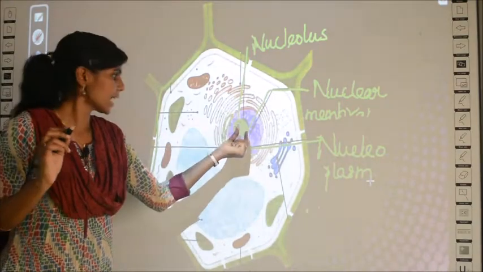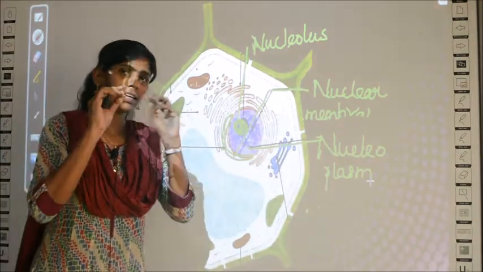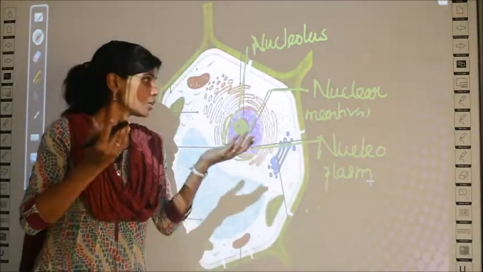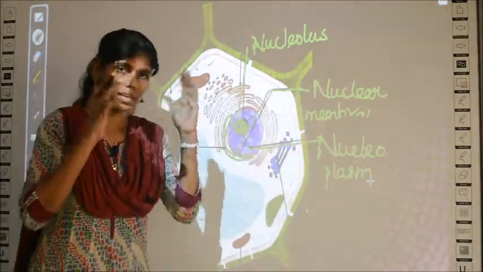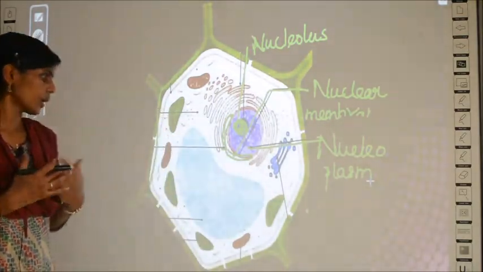So, a nucleus has a nucleolus, a nuclear membrane, and the liquid material inside the nucleus is called nucleoplasm. So, all three together make the nucleus. Okay, now nucleus over. What else do you have?